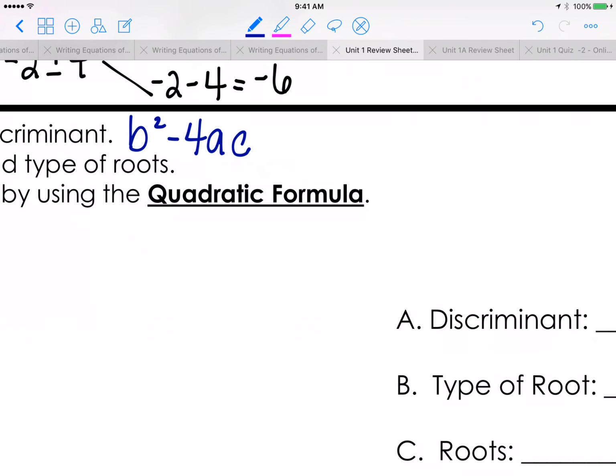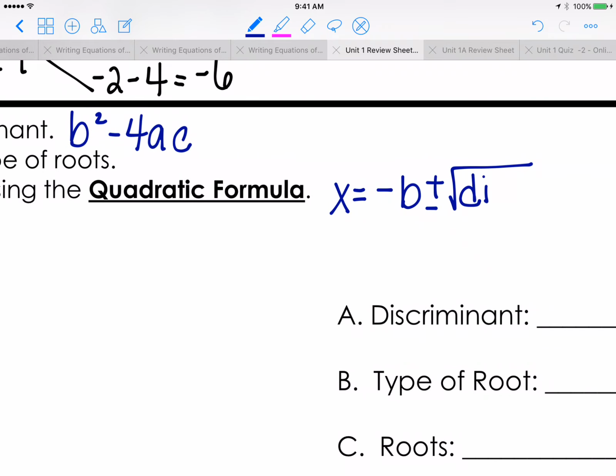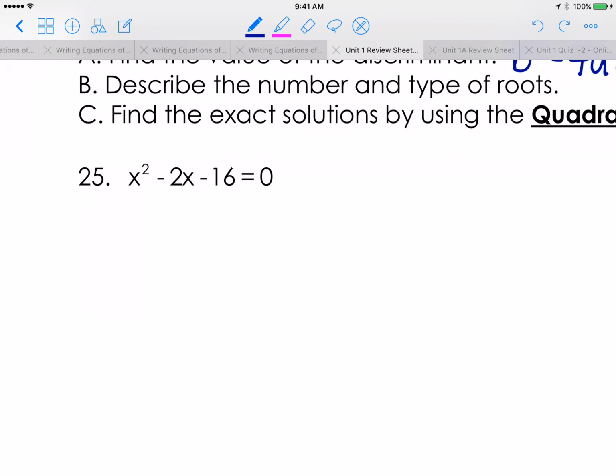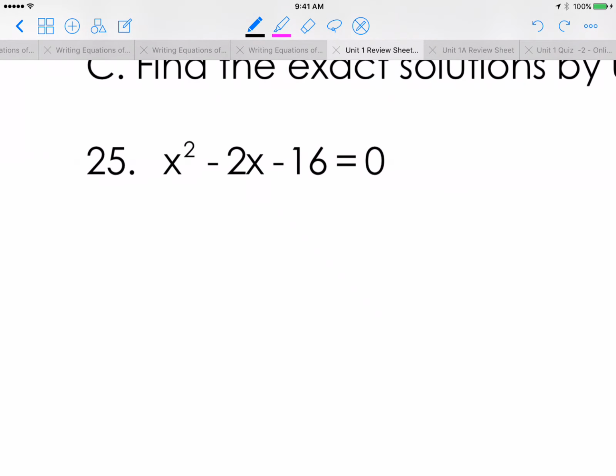And the quadratic formula states x equals negative b plus or minus the square root of the discriminant, the stuff that we just found, all over 2a. So here we go. On the first one, let's determine what our a, b, and c are.